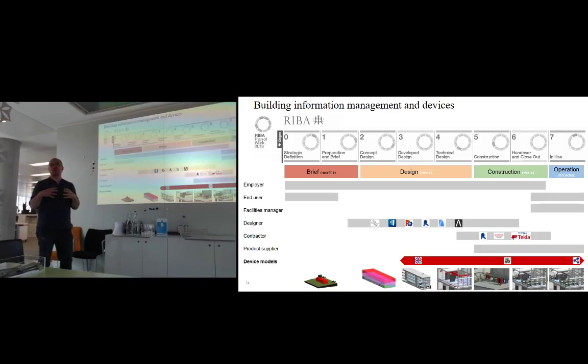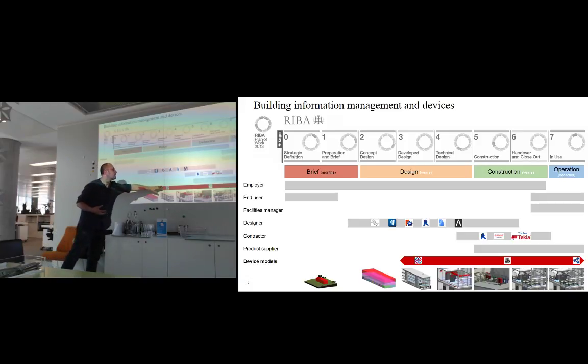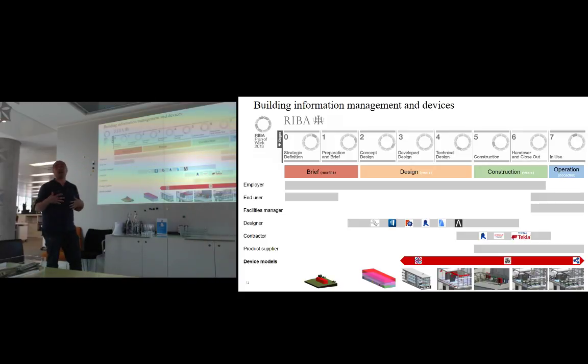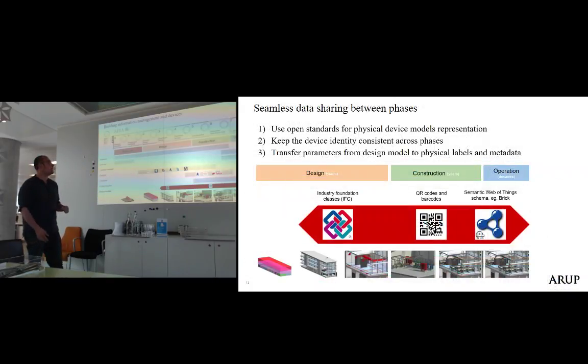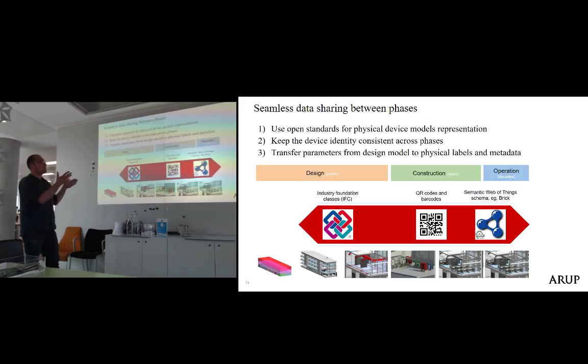When objects get into buildings, they start getting modeled around the developed design. Around that time, the level of detail of the building is already getting to something recognizable in terms of spatial and physical representation, and then it gets developed further and further. Now, there are 3 key elements that need to happen in order to have seamless data sharing between phases.